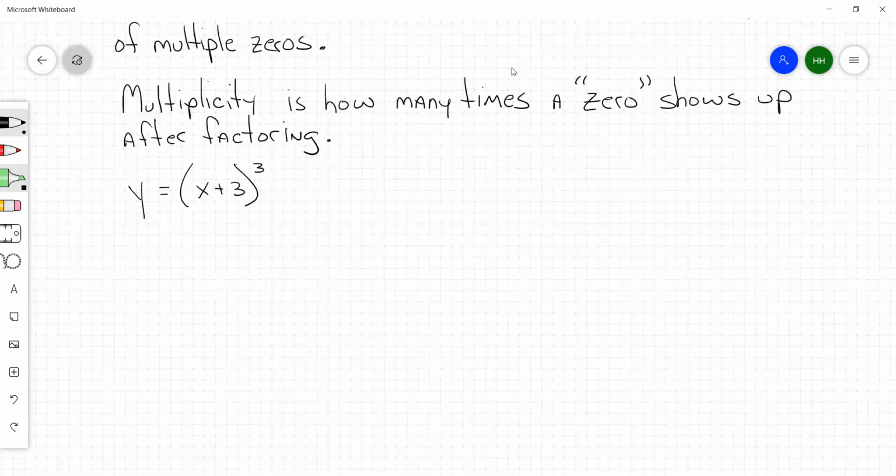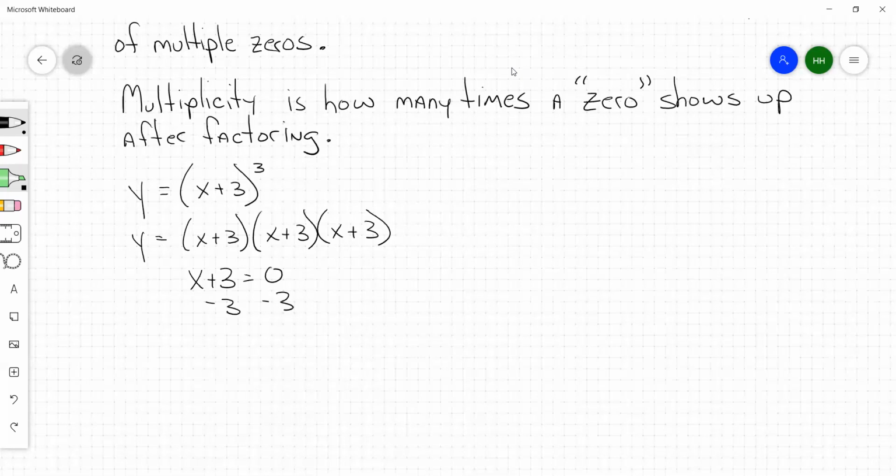If y equals x plus 3 cubed, then y is equal to x plus 3 times x plus 3 times x plus 3. So your zeros are x plus 3 equals 0, and you subtract 3. And x is equal to negative 3. All right, so this is a 0. X equals negative 3 is a 0 of this function. It's the 0 we're talking about here.